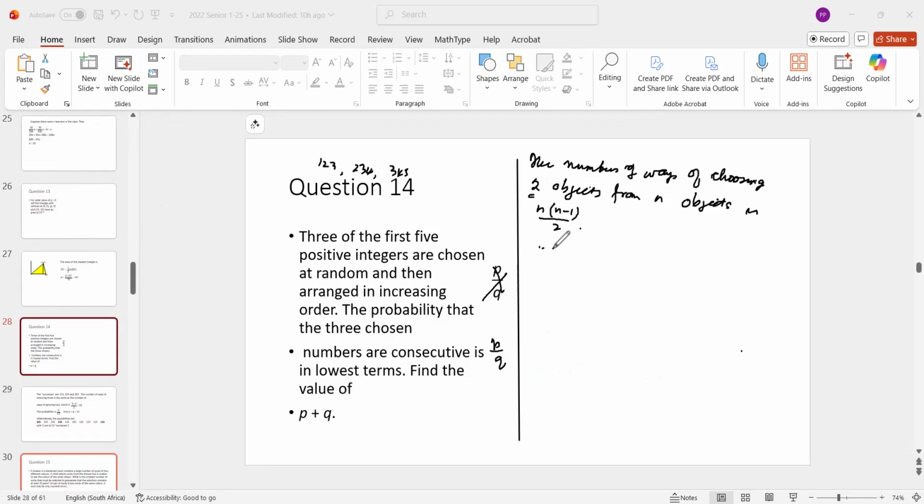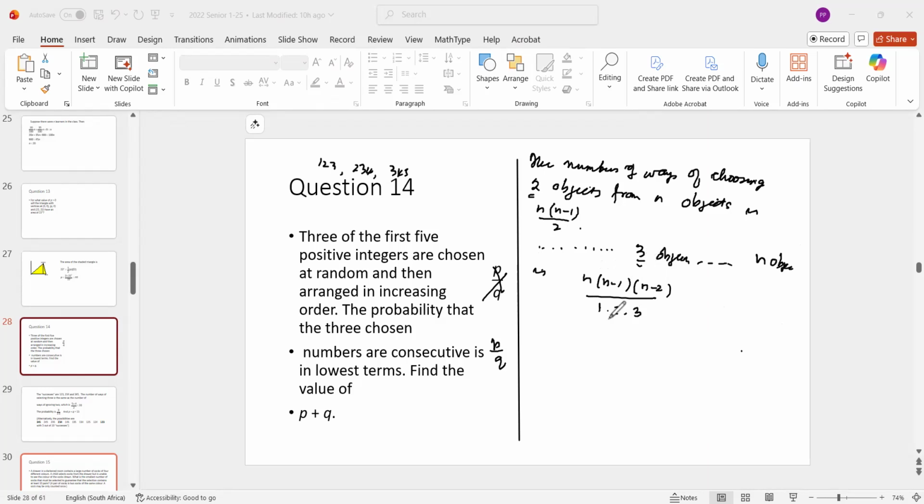The same thing, the number of ways of choosing three objects from n objects, just change the 2 to 3. Leave n the same. It is n into n minus 1 times n minus 2, over 1 times 2 times 3. You've got three factors there.